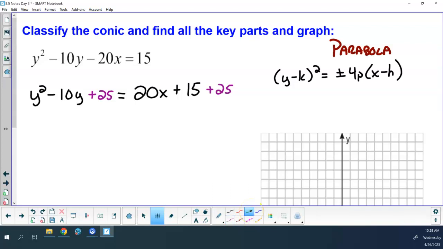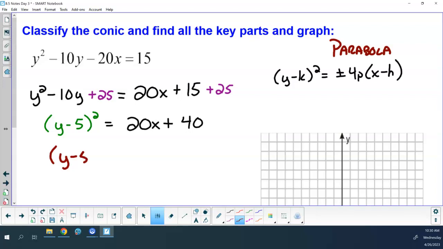This side becomes, actually, y minus 5 quantity squared equals 20x plus 40. So in the end, this is y minus 5 quantity squared equals 20 times the quantity x plus 2.